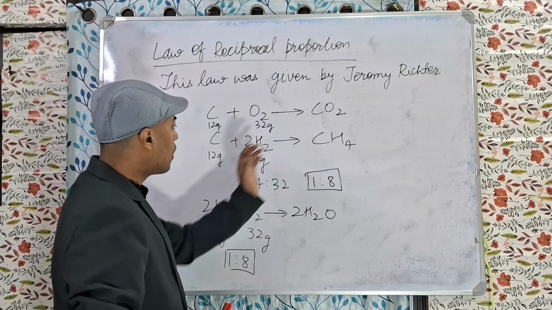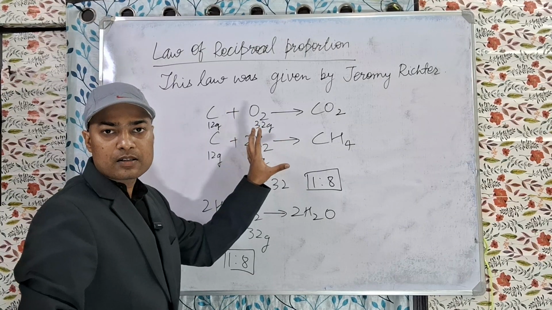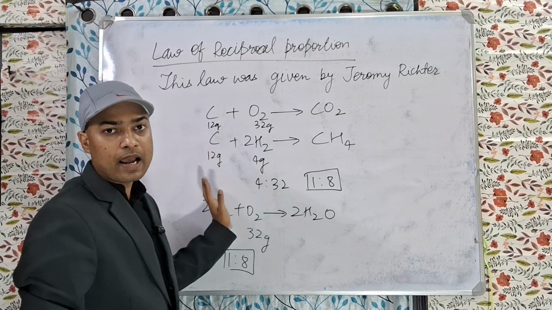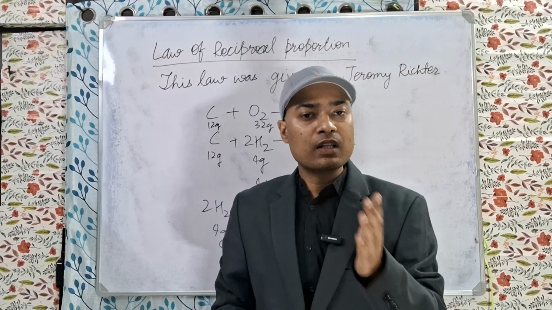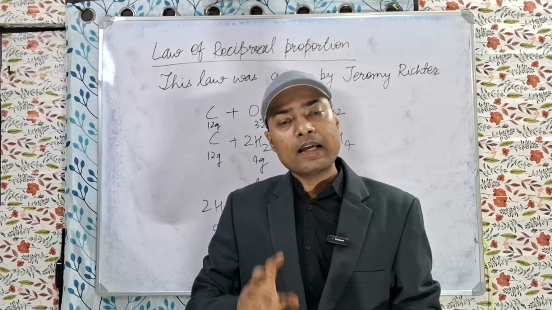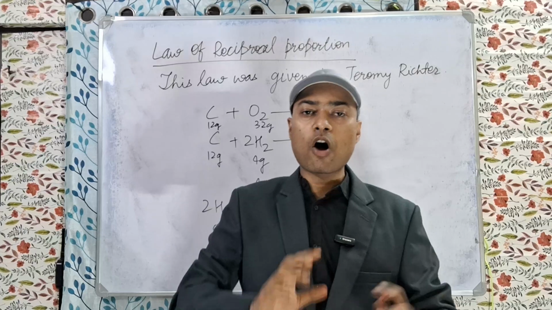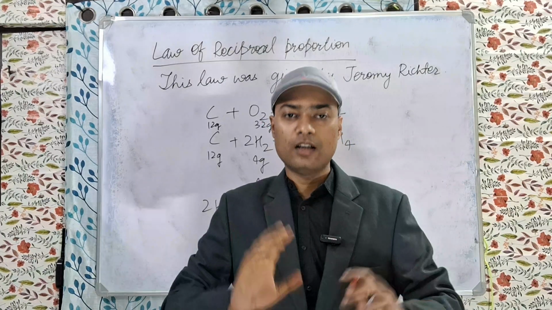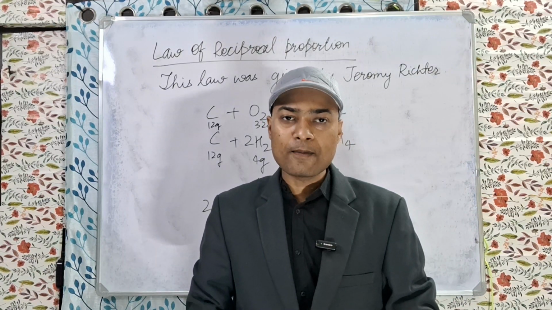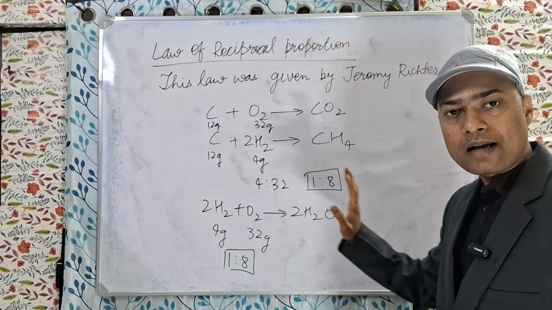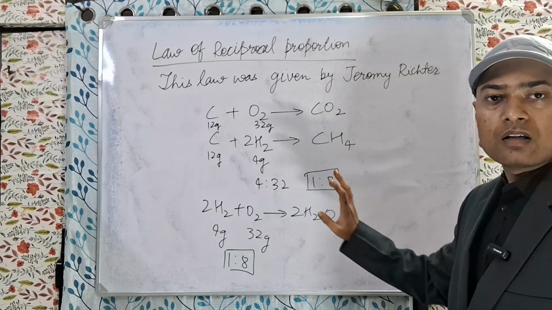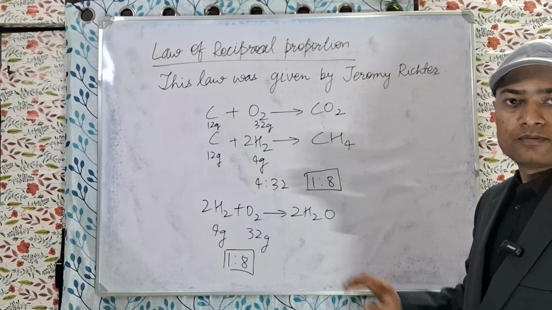It says that when two elements react with a particular element, then the ratio in which they react with that particular element is same or a multiple of it when they react with each other. Okay, I hope I am clear to you. So you can just note down this example, and then we'll move to the definition part.